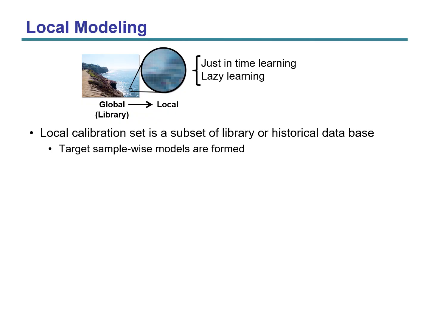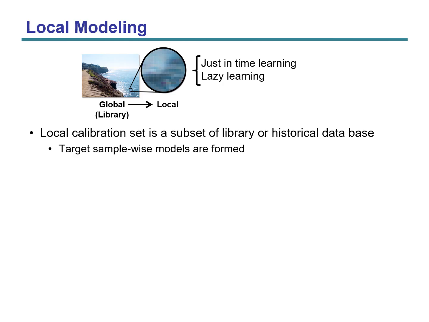So one solution to the fact that my new samples are not matrix matched to the calibration set is local modeling. And that's where you have a large library. So this characterization here is I have a library. At each of these pixels, I could have a spectrum measured. So I have spectra of ocean or water, sand, rocks, dirt, one kind of vegetation, another kind of vegetation, lots of different vegetation.